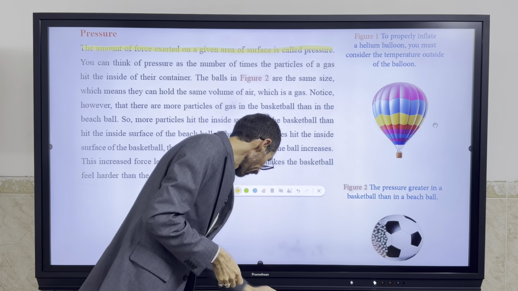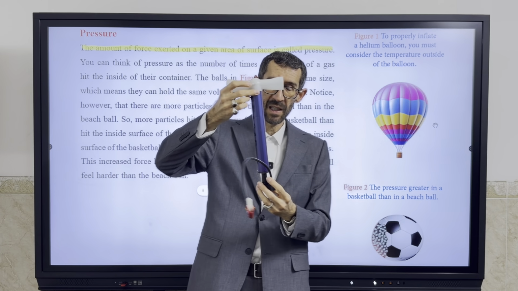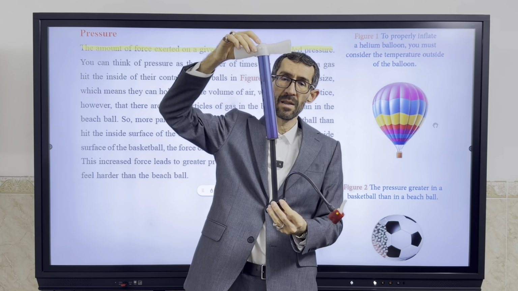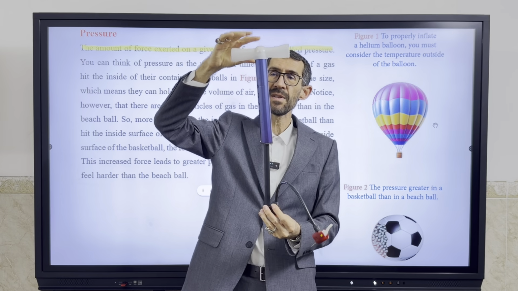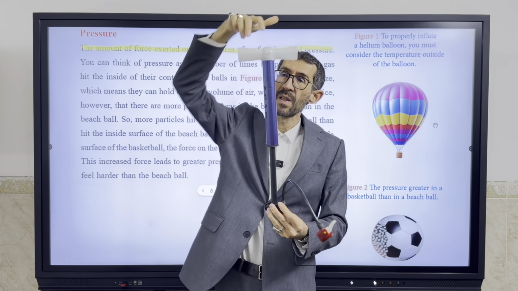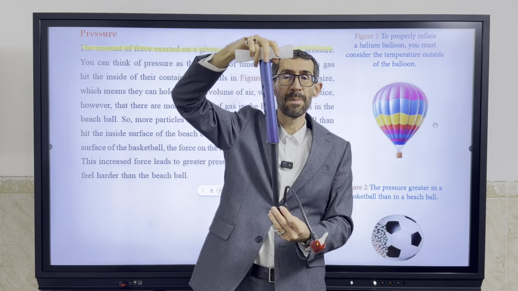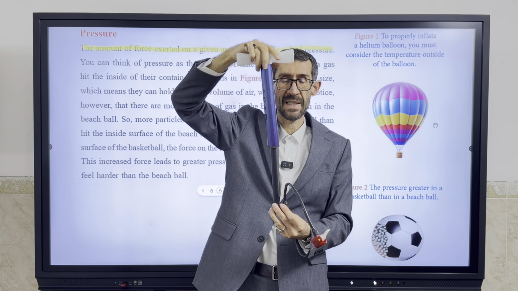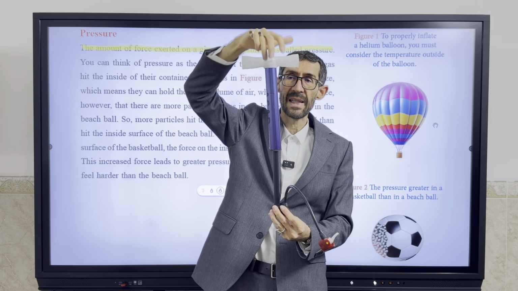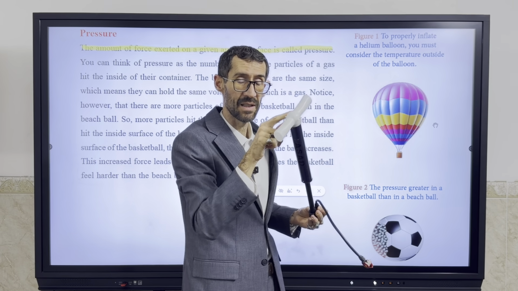One more thing. We have a bicycle pump. This bicycle pump, like the previous example, consists of two parts, piston and cylinder. So I want you to apply pressure on it. How do you apply pressure on the piston? Just by exerting force on the cross-sectional area of the piston.